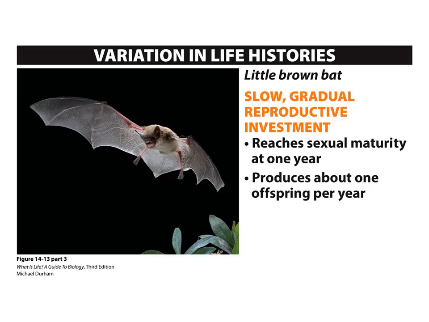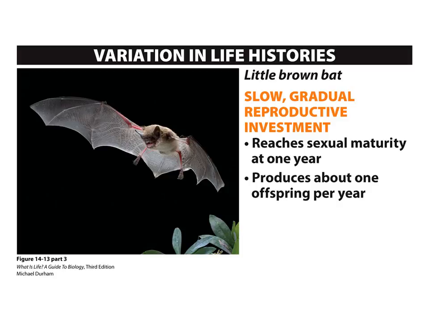And some animals cannot be farther from Big Bang reproduction. This is the other end of the extreme, the slow, gradual reproductive investment, exhibited by the little brown bat. So the little brown bat is the same size as the mouse. So we're showing you these three different species that are relatively the same size, but they have very different reproductive cycles, different life histories. The little brown bat is mouse-sized, yet it does not reach maturity until 1 year of age.